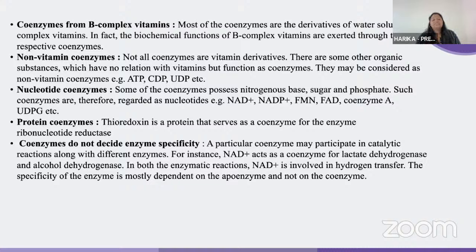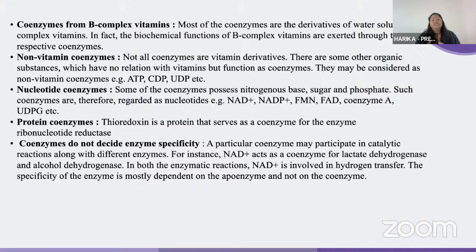Non-vitamin coenzymes are not derived from vitamins. Some substances have no relation to the vitamins but function as coenzymes. They are considered non-vitamin coenzymes, for example ATP, CDP, UDP, etc.